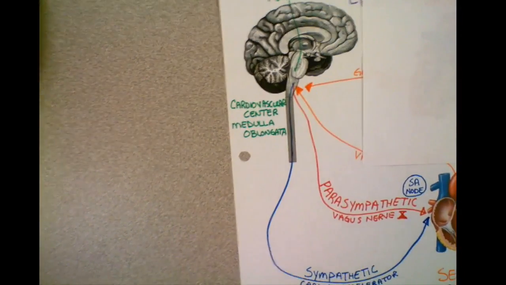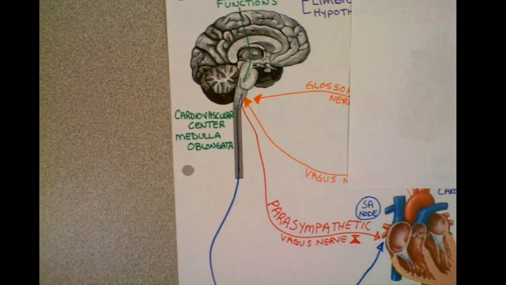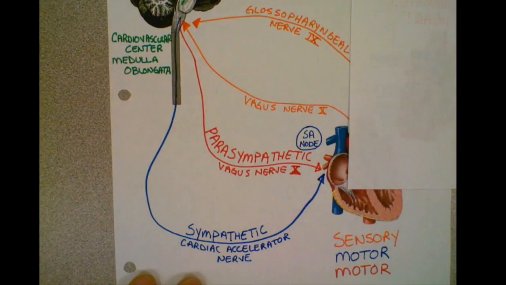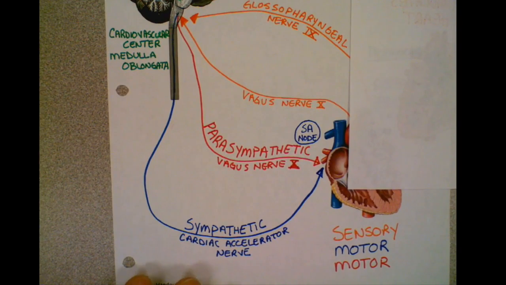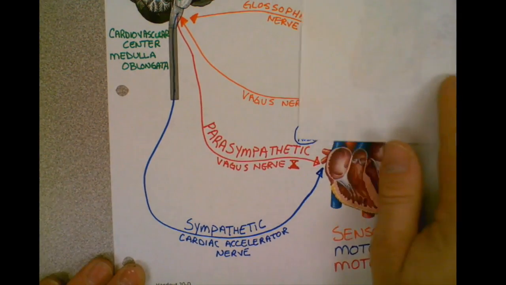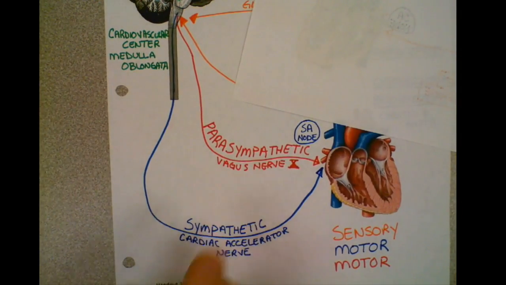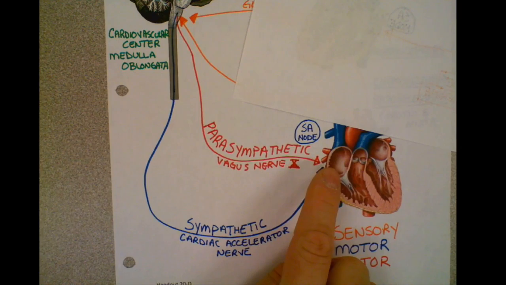So I'm going to zoom out here. The cardiovascular center of the medulla oblongata is going to send either a sympathetic nerve response or a parasympathetic nerve response to the SA node of our heart.